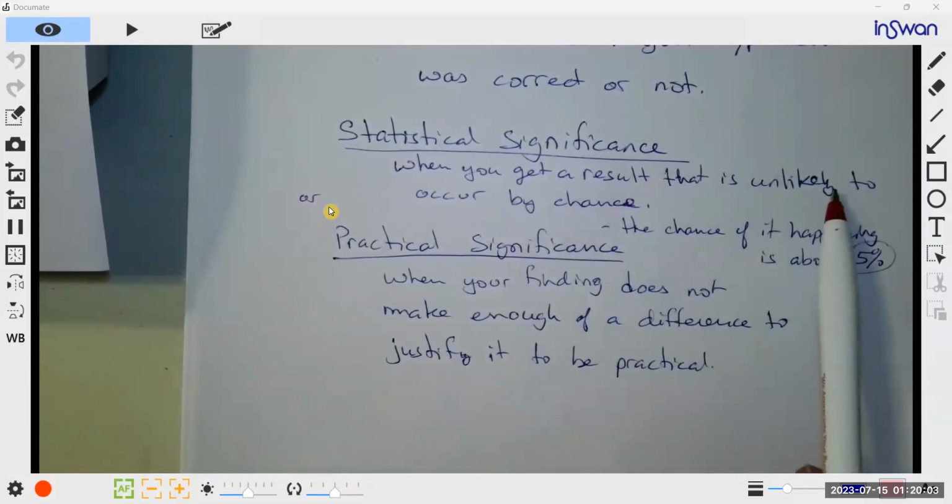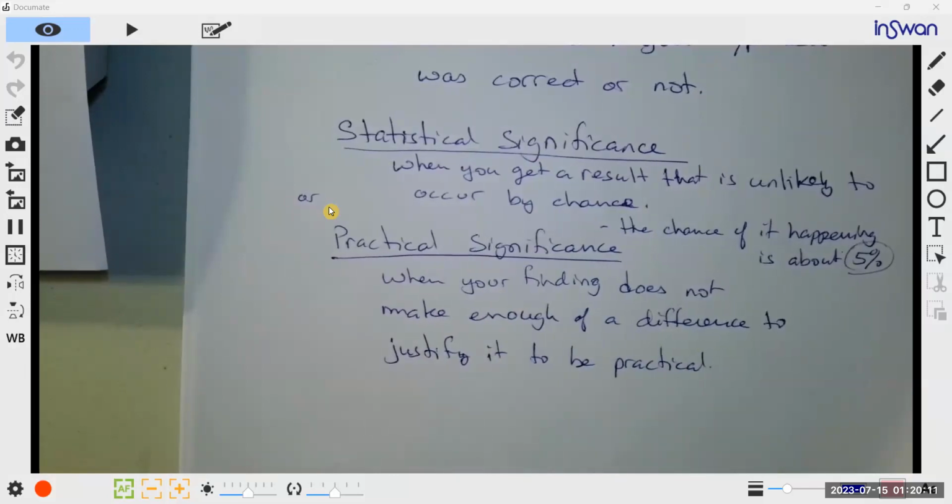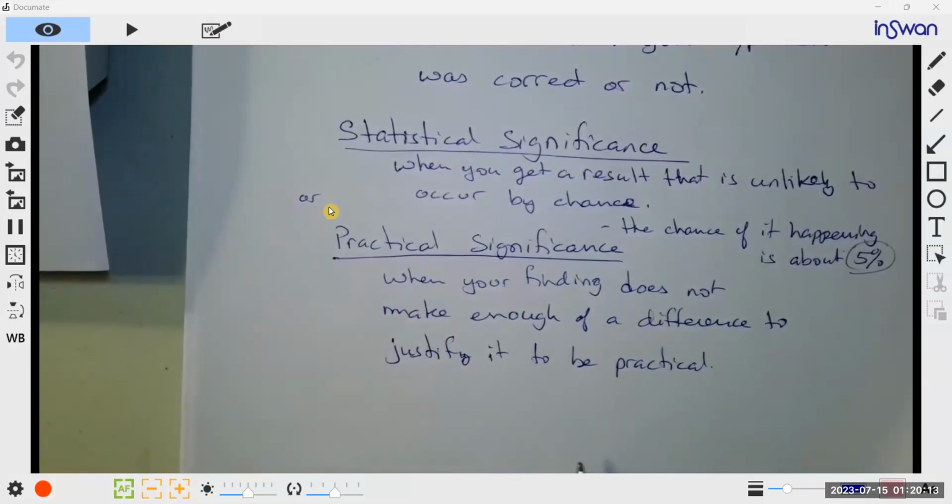So if there's an unlikely chance of it happening, then we have statistical significance. If your finding doesn't make enough of a difference to justify it, is it a practical solution?